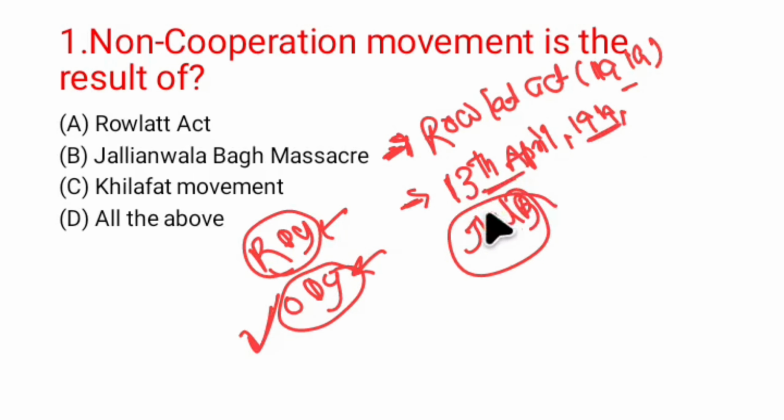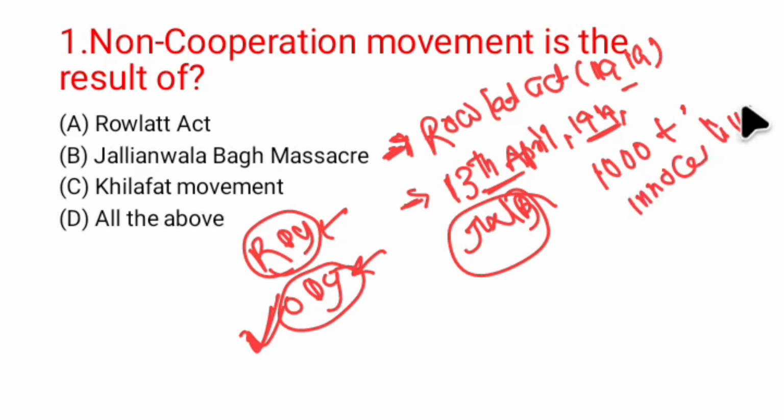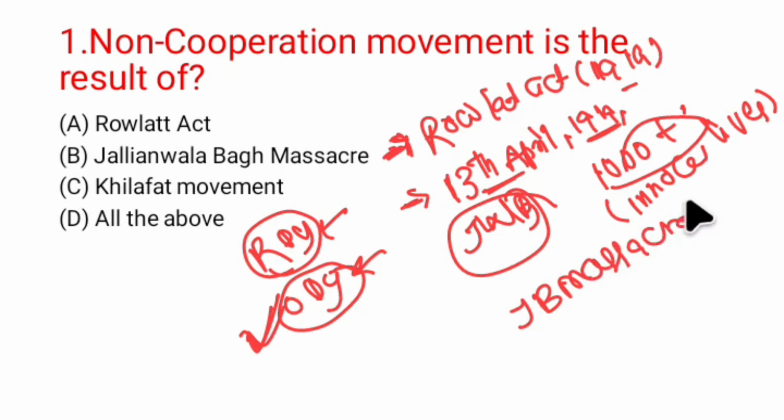Because of this unprecedented firing by British soldiers, around 1,000 plus innocent lives were killed on this day, which is referred to as the Jallianwala Bagh massacre.